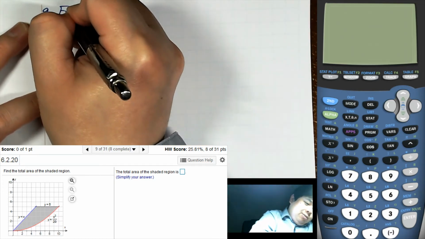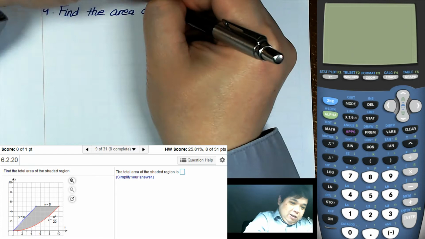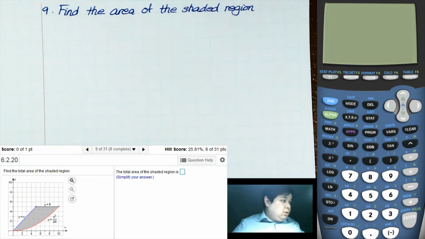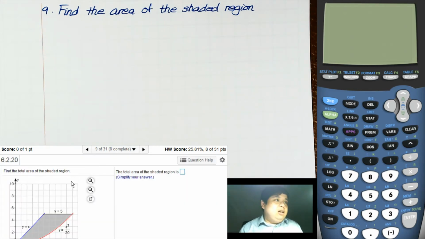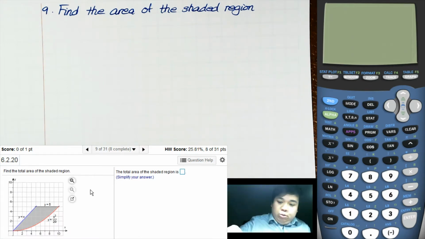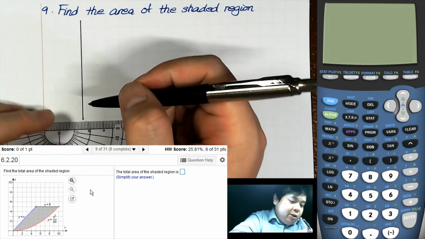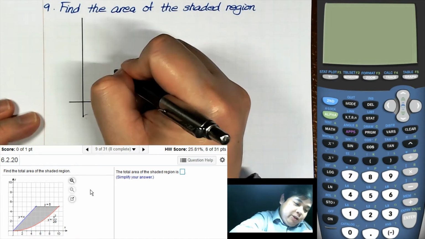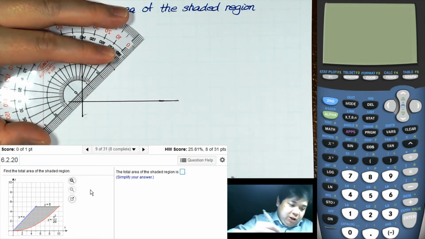So find the area of the shaded region. Right, we have y equal to 5, y equal to x, so that one.